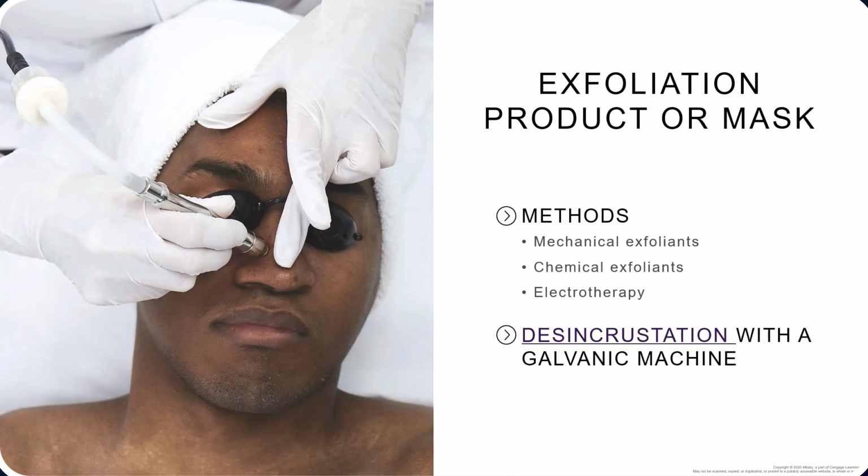And methods, we have mechanical exfoliation, which can be used with a rotary brush or a microdermabrasion machine, and that's going to gently remove dead skin cells and aids in a deeper cleansing. There's also granular or manual exfoliation, which is using a granular product, so that would be like a scrub or like a pumice stone, so something that you feel the grittiness to is going to be a mechanical exfoliation.